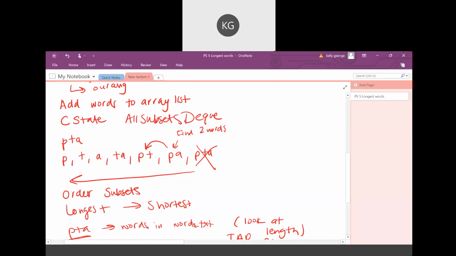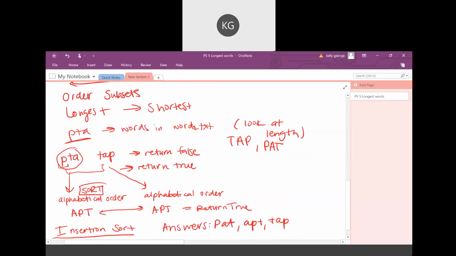Exactly. So we need to find all words that are of the longest length. It could still be the same length, yeah. So once we find a word, we need to go to all other subsets that are the same length as that word. But we wouldn't need to go to A, T, or P still.